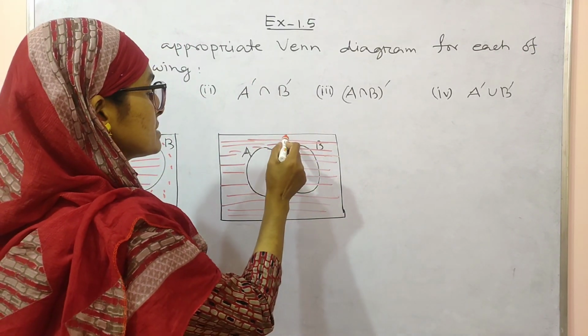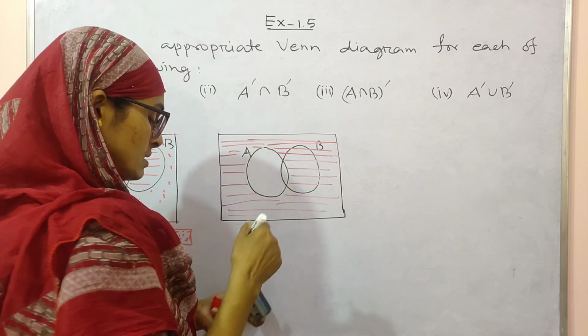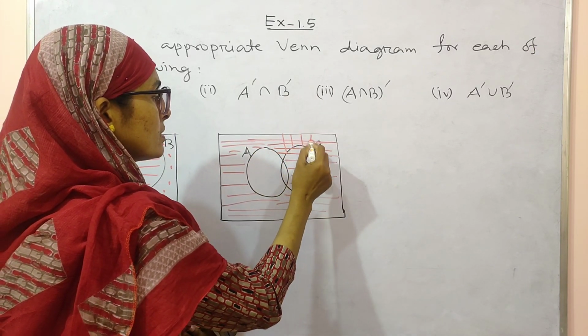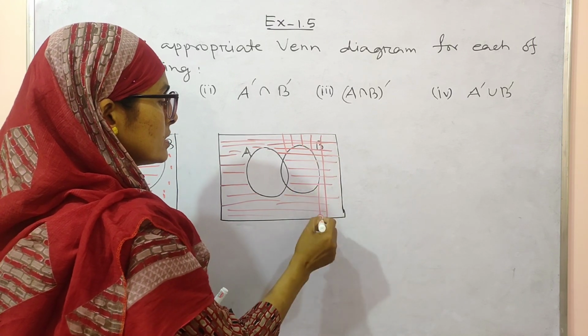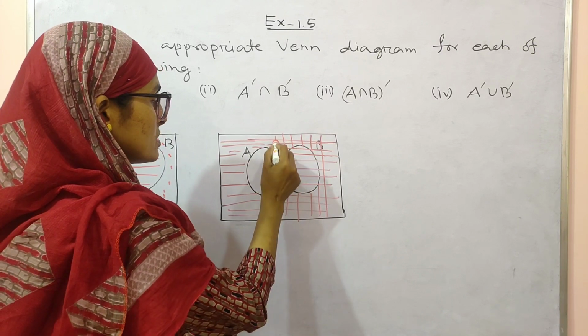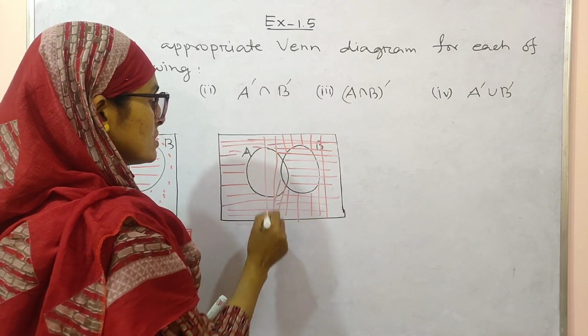So, B complement is this part, except B, all elements.